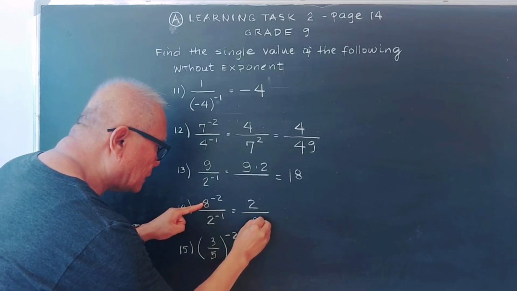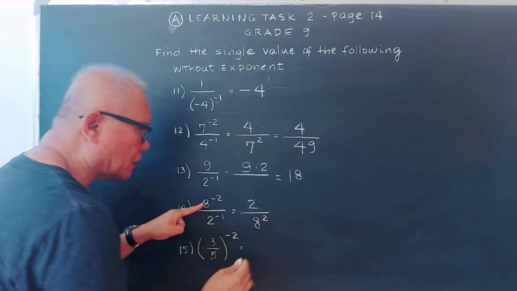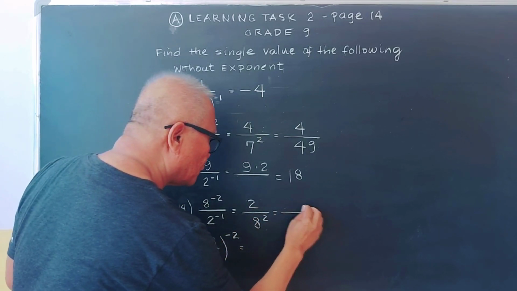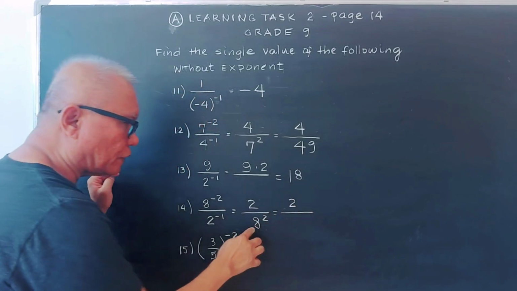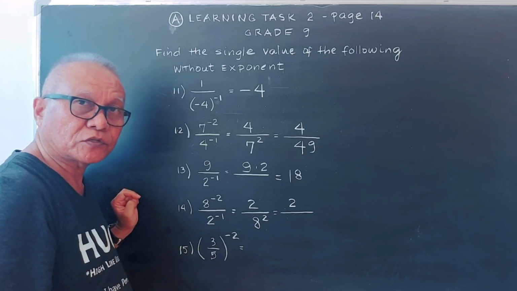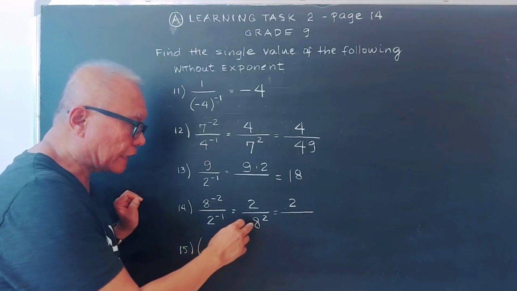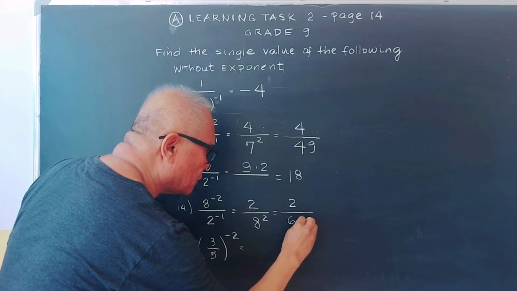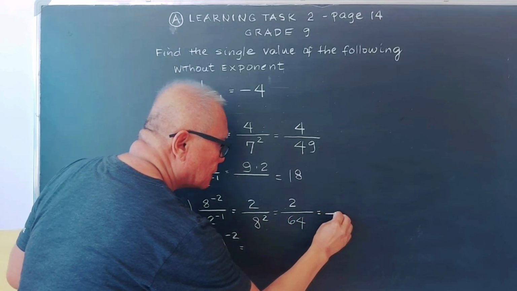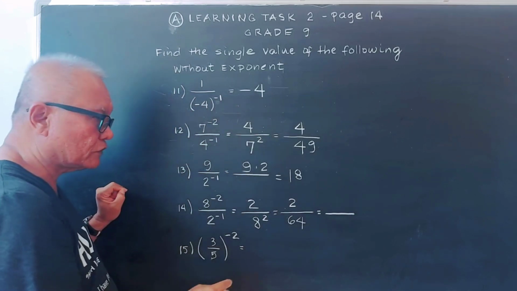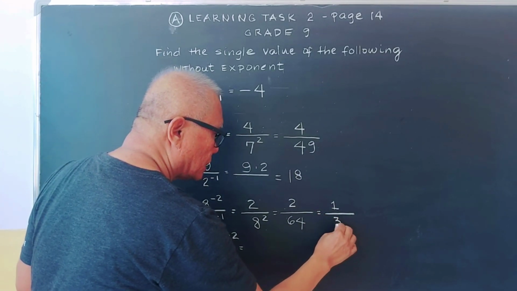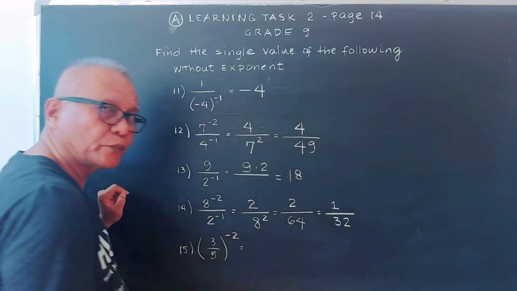And 8 to the second power sa baba. So, we have here 2. What is 8 times 2? Hindi. That is 8 times 8 is 64. At ang lowest term ng 2 over 64 by 2 is 1 over 32.